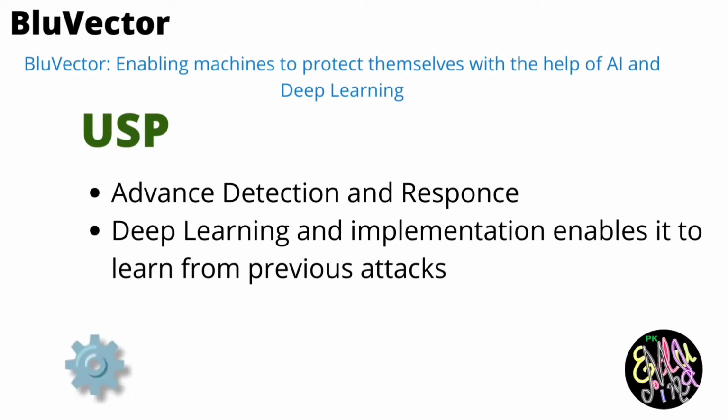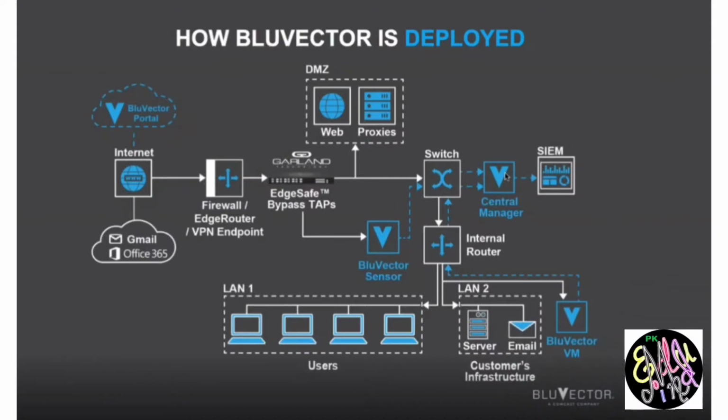If a security program could be programmed to think and act, it could try to counter malware and human attackers at machine speed, a move that would give defenders the upper hand. The tool of BlueVector is shown in the graph.